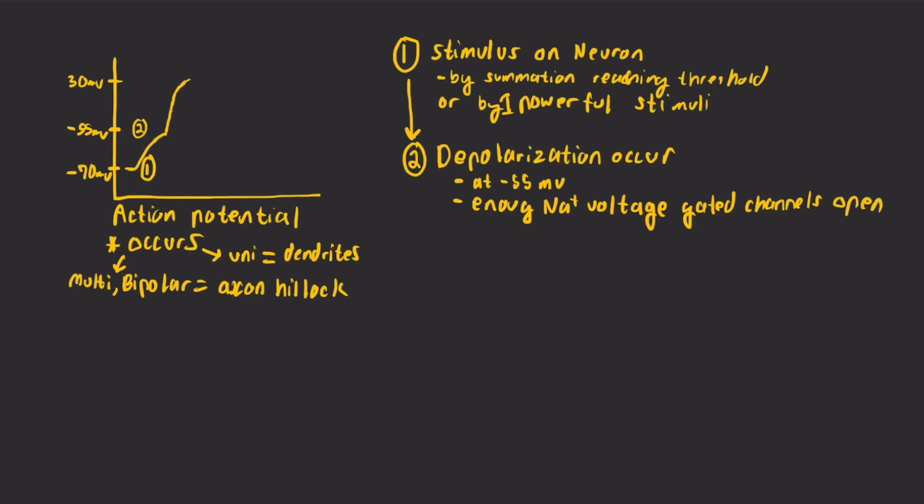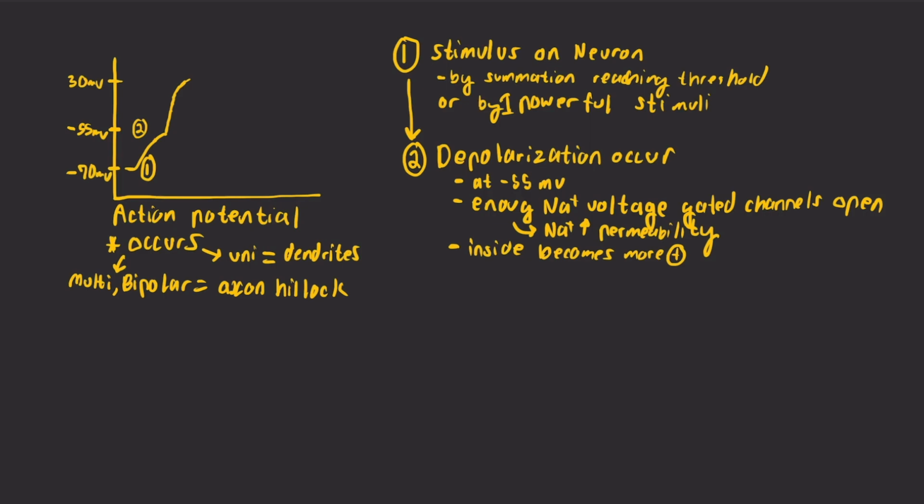This will obviously result in the increase in sodium permeability. With the increase in sodium permeability, as we have learned in the previous lectures, this will make the neuron much more positive. Okay, so the inside becomes more positive.